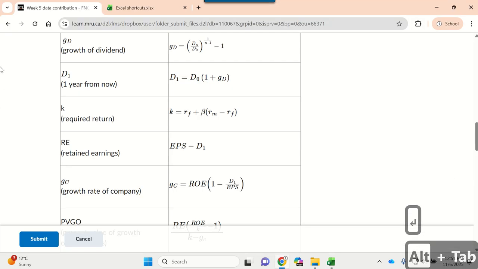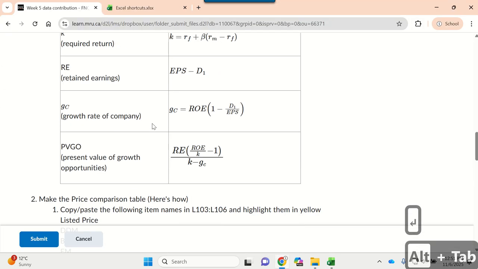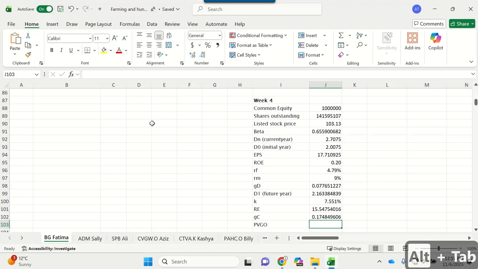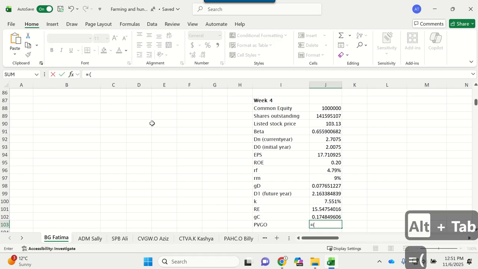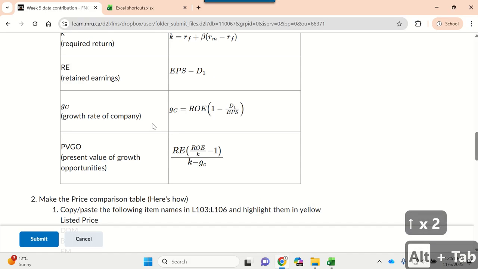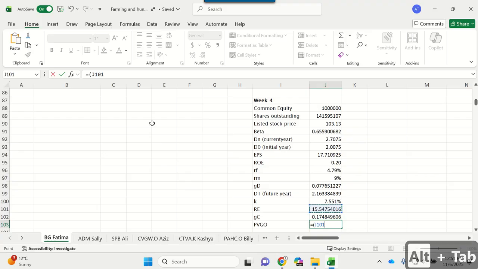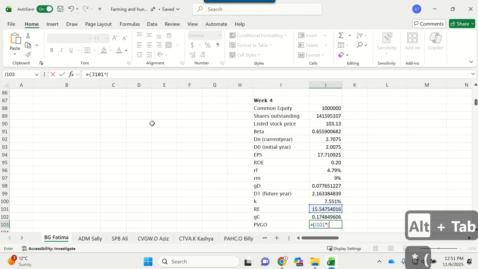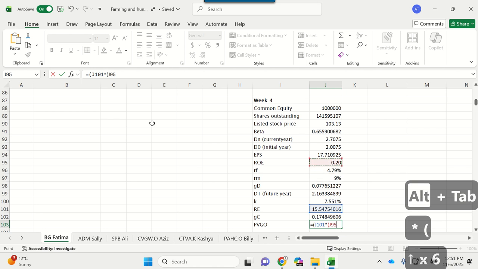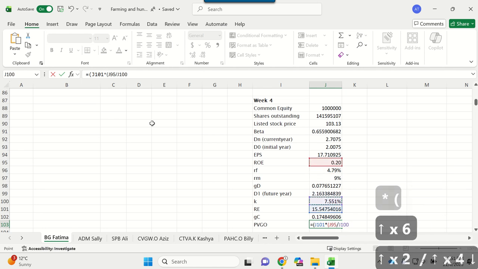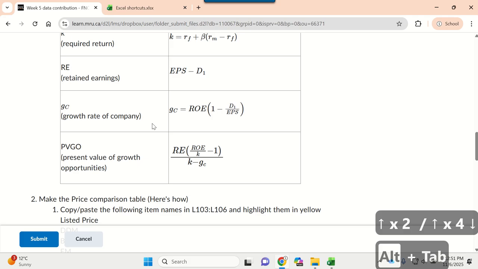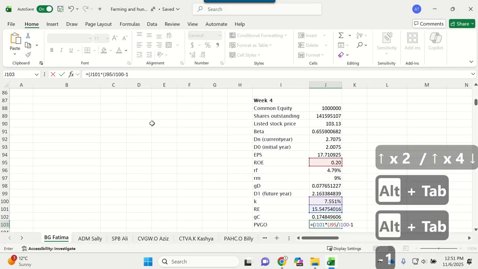And then finally, the present value of growth opportunities is RE. I'm going to put this in brackets. RE, and then multiplied by, and in brackets, some more brackets, ROE divided by K. And then that whole thing minus 1, close brackets.